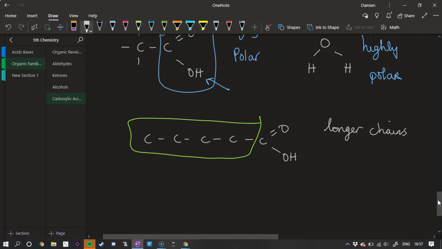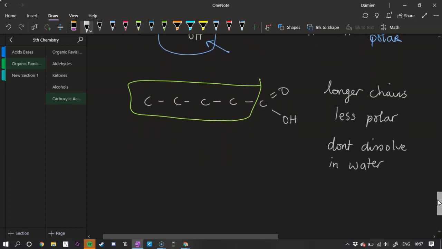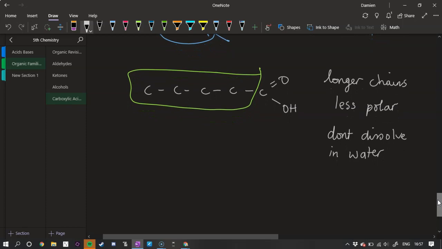So longer chains means the molecule is less polar, and if it is less polar and you're trying to dissolve it in highly polar water, the later ones with the longer chains may not dissolve in water. And this isn't a case of, you know, the first 2 or 3 dissolve and the next 2 or 3 don't. It's not just a switch where it goes on or off. The amount of dissolving it does lessens as it goes along through the carbons.